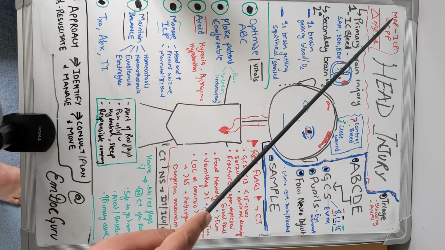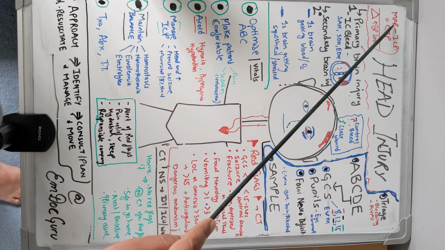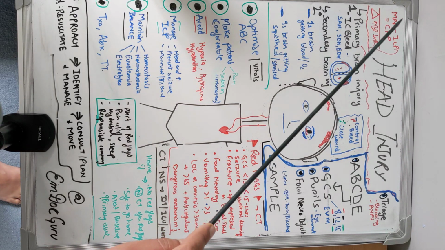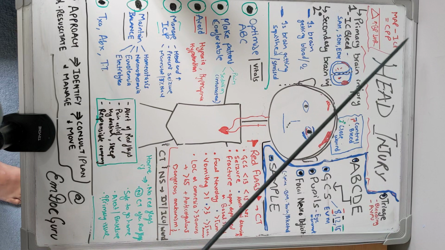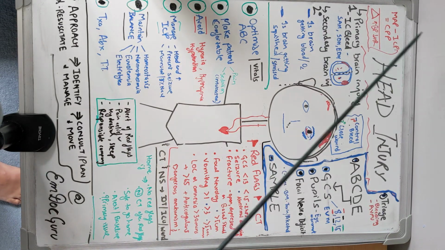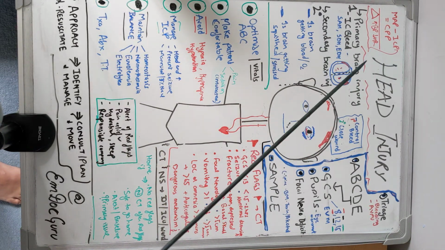So there is a formula which says the mean arterial pressure, which is basically calculated as systolic blood pressure plus twice the diastolic blood pressure, sum total divided by 3.